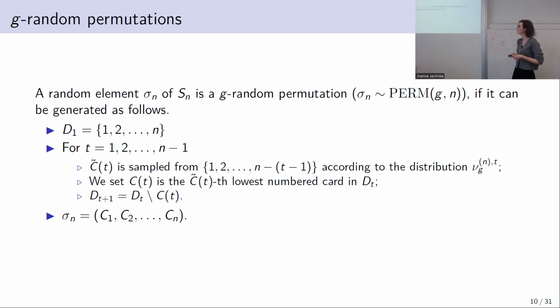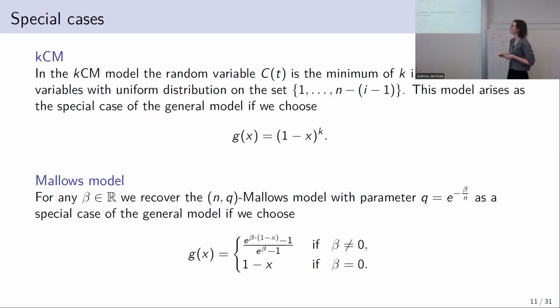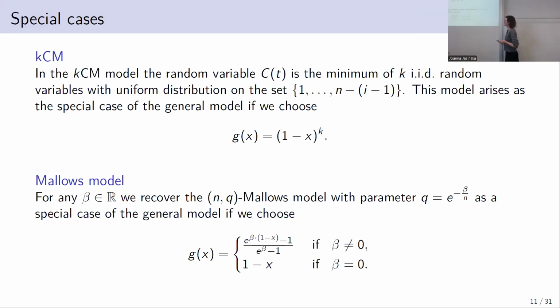I remove this card, and this way I receive a permutation. So you can see that if you pick g of this form, 1 minus x to the k, or this more complicated formula with the exponent, then respectively you receive either the KCM model or the Mallows model. So they are special cases of this general thing with appropriately chosen g.